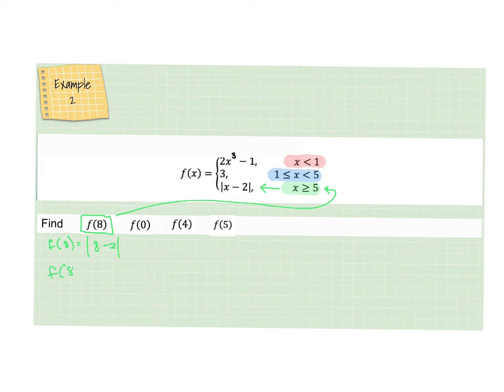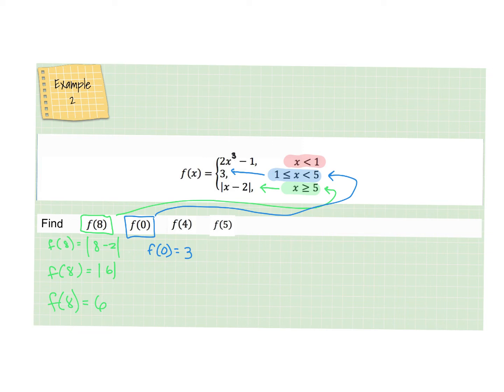F of 8 is equal to the absolute value of 6, and f of 8 is equal to 6. Now I'll be using f of 0. For f of 0, that falls between 1 and 5. So I have f of 0 is equal to 3. And if you notice, that's this one. F of 0 is equal to 3. So I'm done because there's nothing to do on the right hand side.